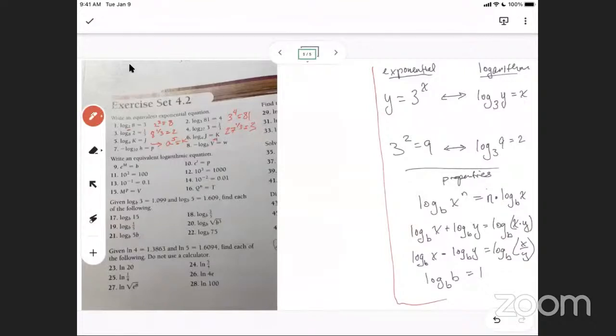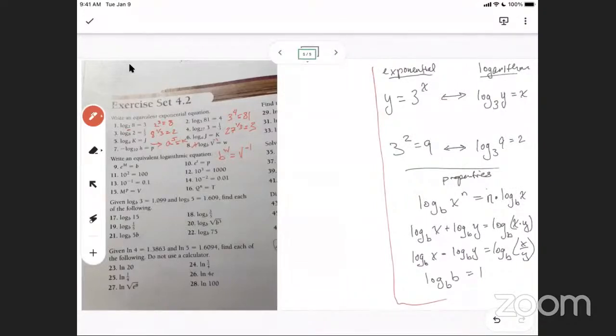So it would be b to the w equals v to the -1. You first put the -1 up above the v. You see what I did? That's how you do that one.